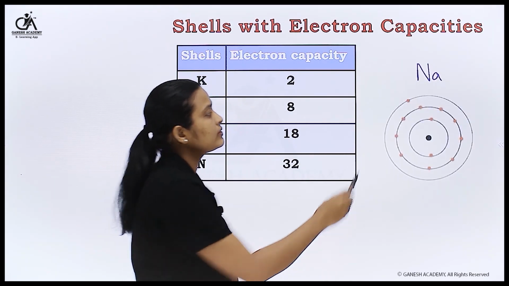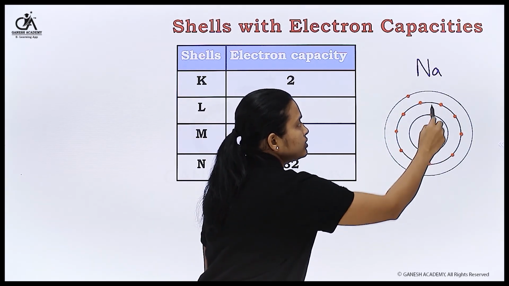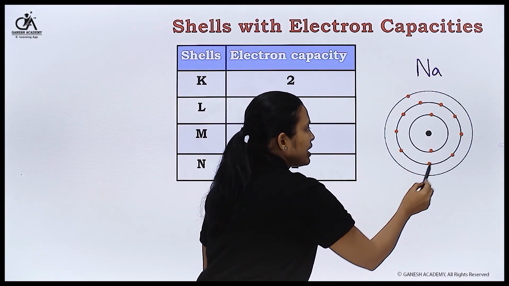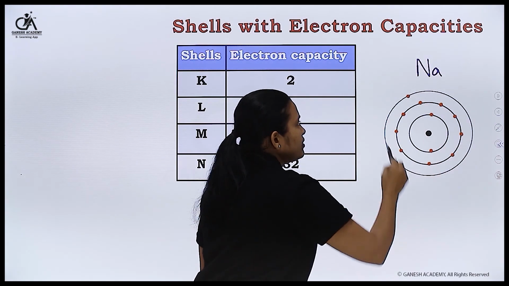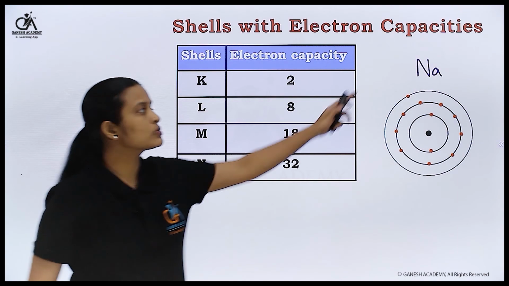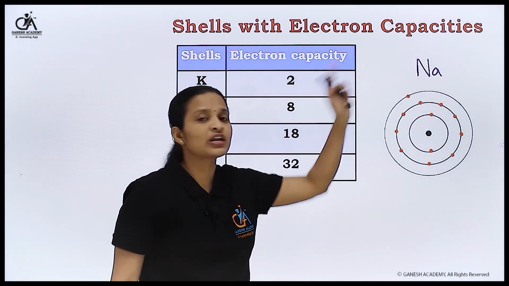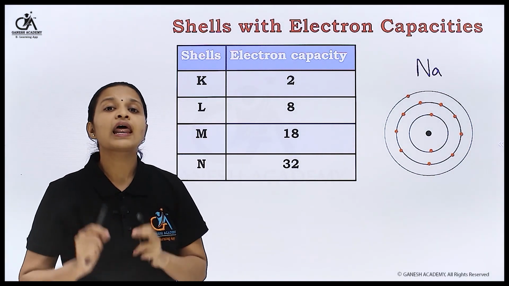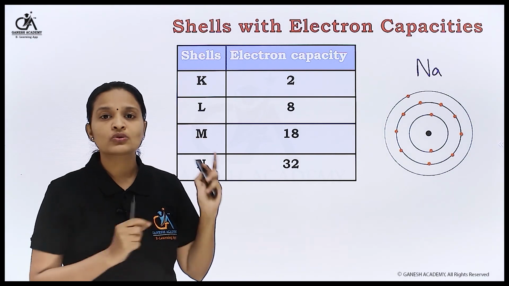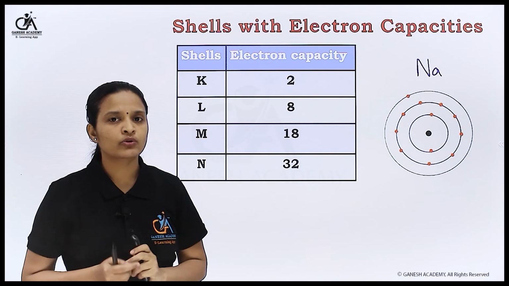Then this is the first shell, which has 2 electrons. This is the second shell, which has a total of 8 electrons, and the third shell has only 1 electron. So in sodium, the first shell has 2 electrons, the second shell 8 electrons and the third shell 1 electron. So there are 11 electrons in total in the sodium atom.